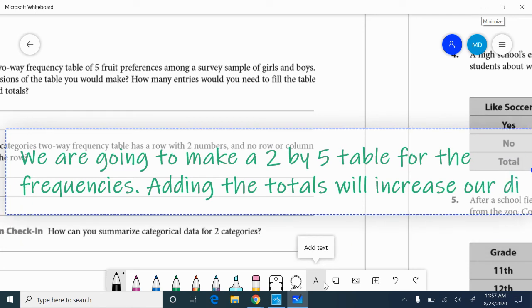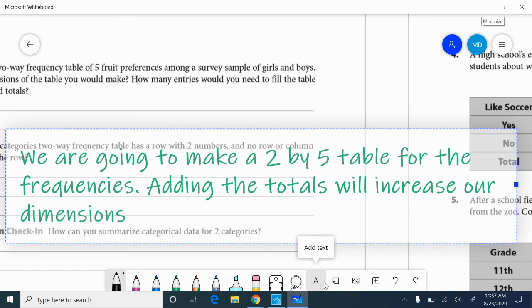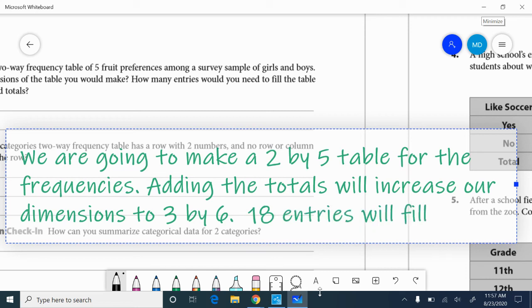Instead of 2, it's going to go up by 1. Instead of 5, it's going to go up by 1. So it's going to be 3 by 6. And the number of entries, if it's 3 by 6, well, 3 times 6, so 18 entries will fill the table.